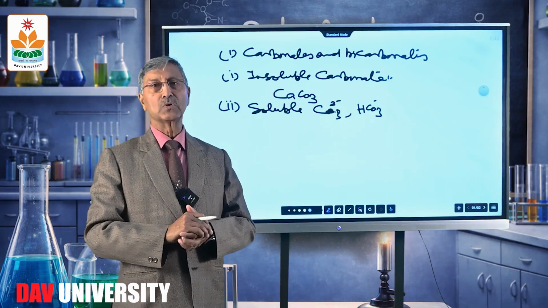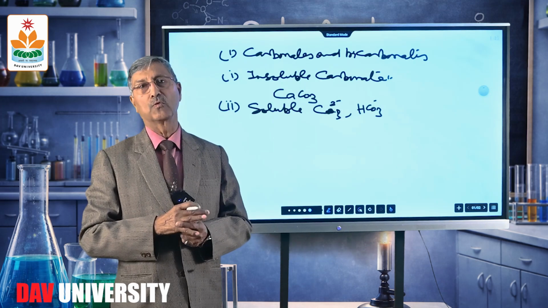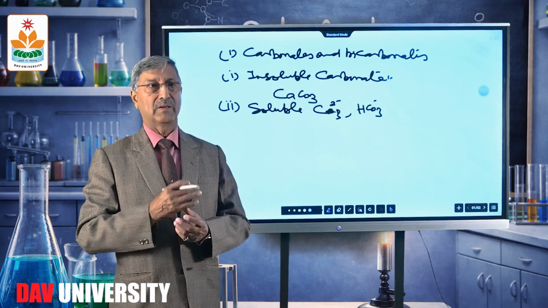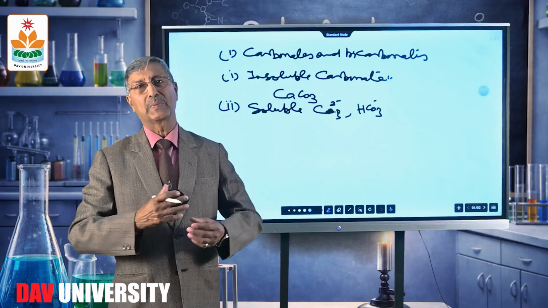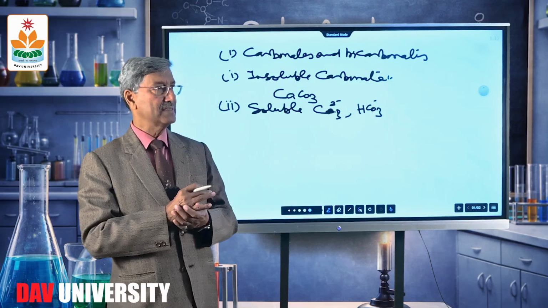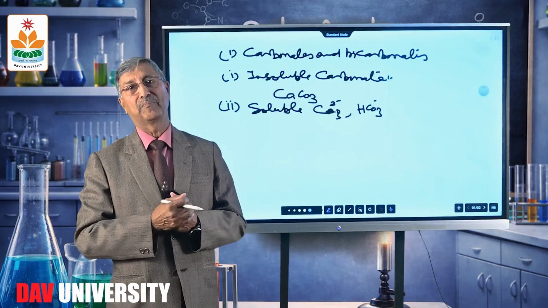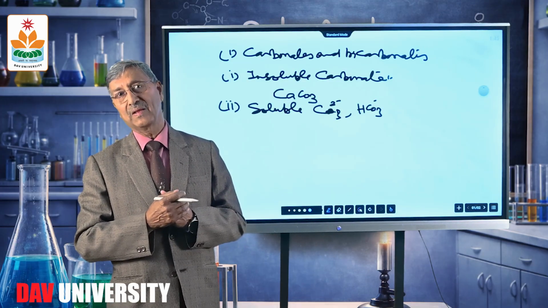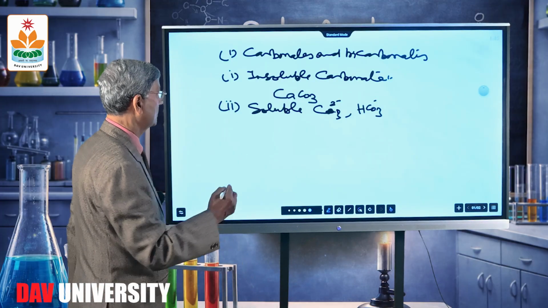Then how do we come to know? To that filtrate, we add a few drops of dilute H2SO4. If soluble carbonate or bicarbonate, both or any of the two is present, it will give carbon dioxide gas. Now the question arises: is it soluble carbonate or bicarbonate? So we'll have to make a distinction. That distinction we make with the help of the magnesium sulfate test.